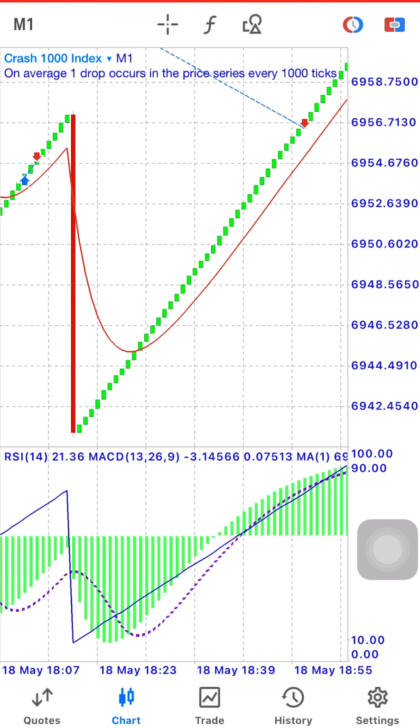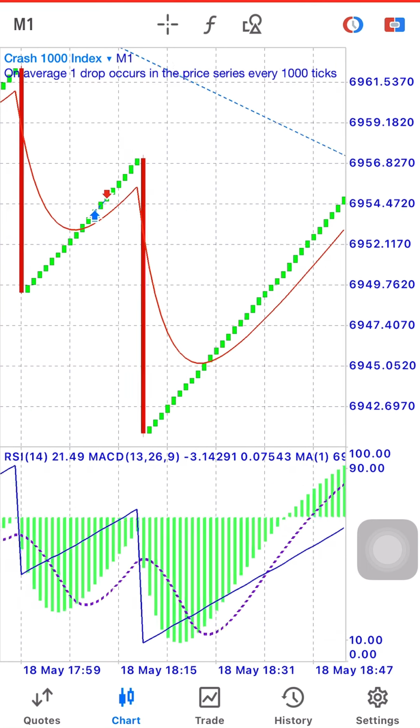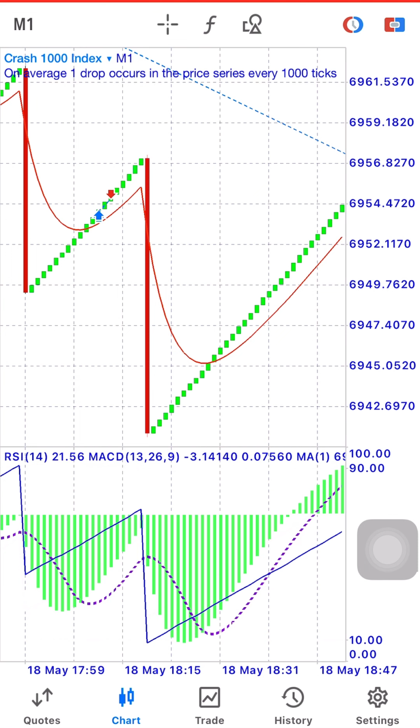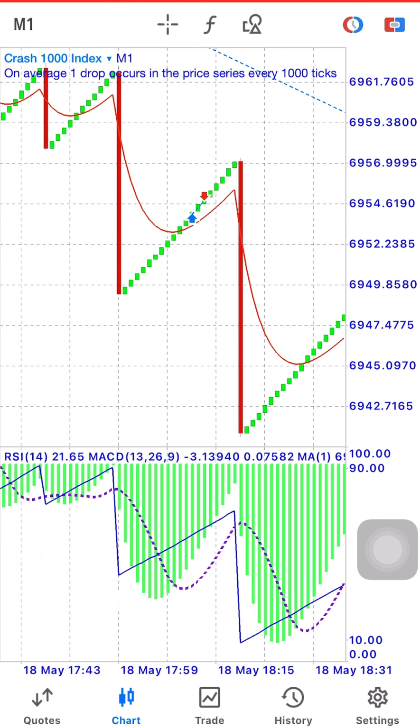So before you get to the resistance level, which is this point, the market got here, it pulled back, it got here, it pulled back, it got here, it pulled back.